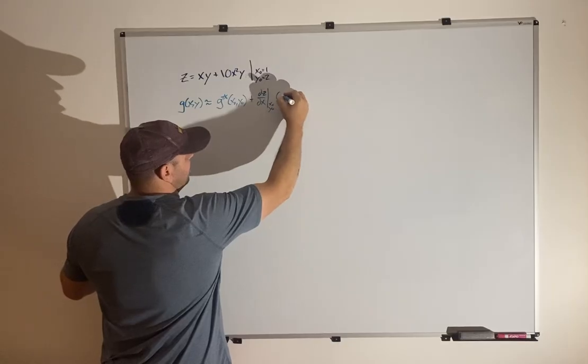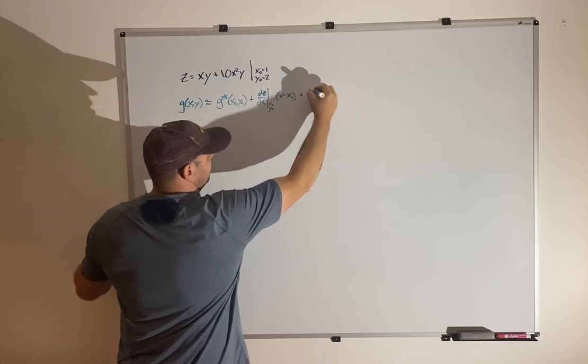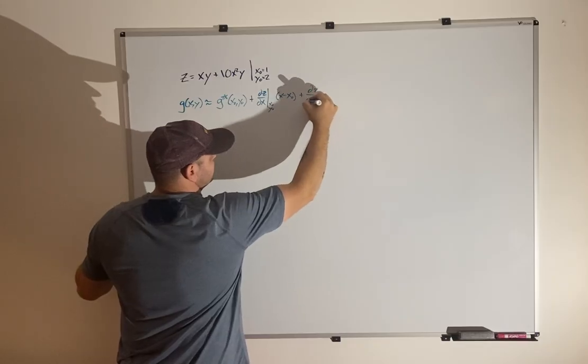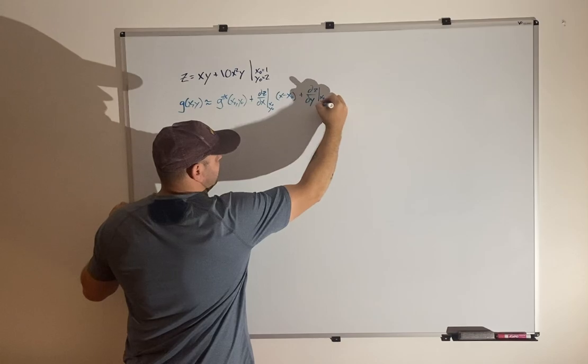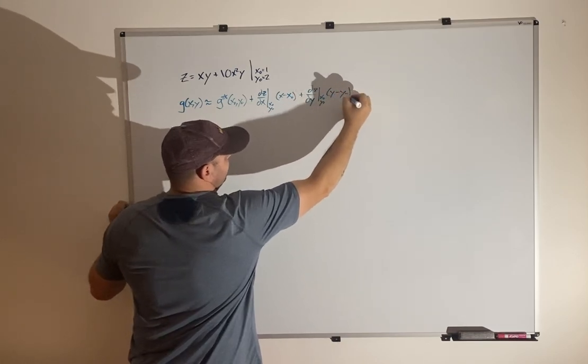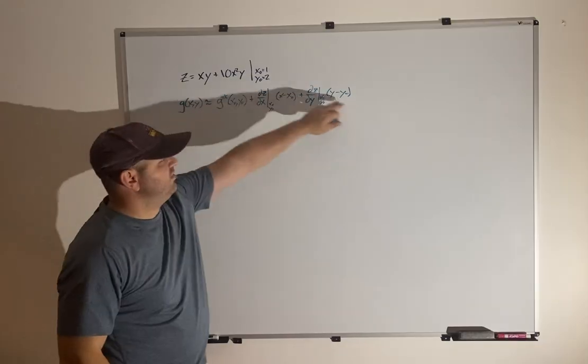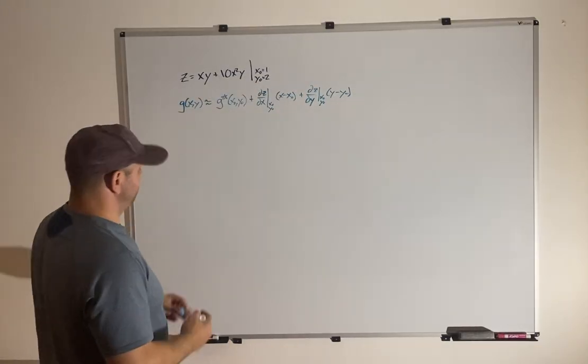Then we're going to multiply all of that by x minus x0. And then we're going to add another partial derivative of z, this time with respect to y, evaluated at x0, y0. And then we're going to multiply that by y minus y0. So here's our standard form for linearization using Taylor's series and ignoring higher ordered terms.